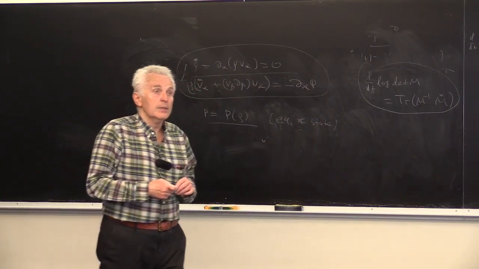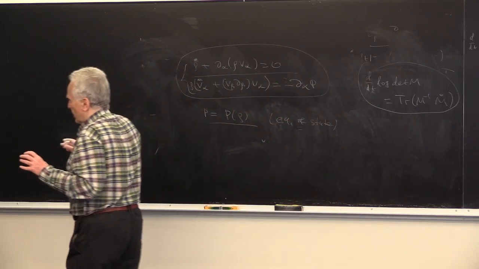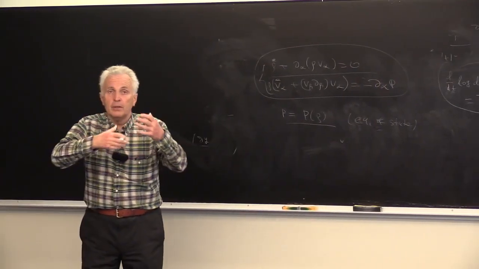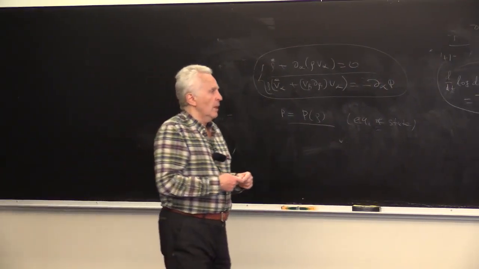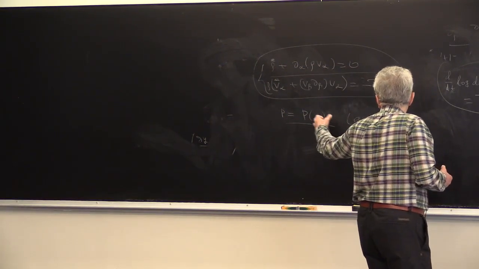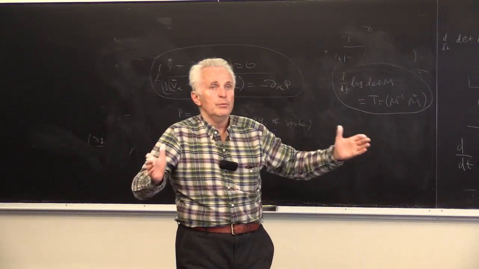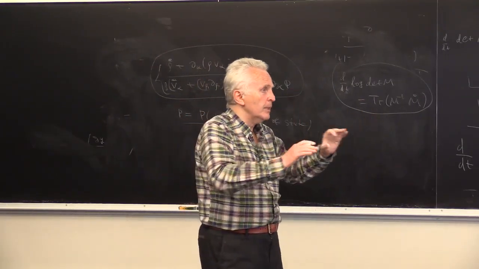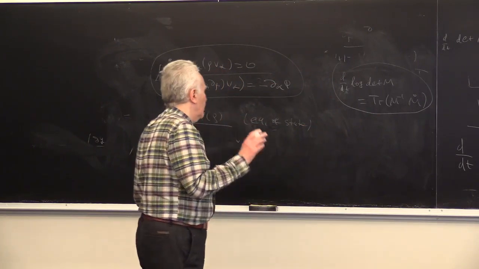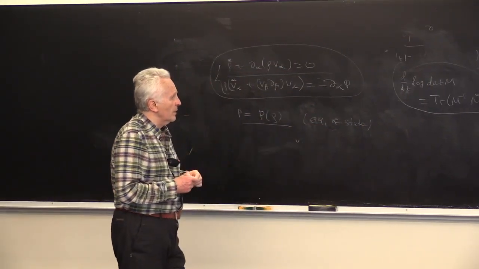For this, it's not an obvious assumption, because the fluid moves, and as it moves, ρ changes and p changes, while in thermodynamics you assume that everything is in equilibrium, nothing moves. You have just some average density, average pressure, and so on.